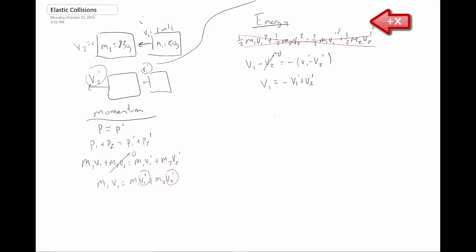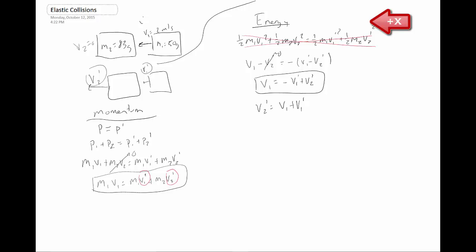Okay, so that's about as far as we can get without doing a little bit of ugly math. Let's solve for v2 prime. v2 prime is equal to v1 plus v1 prime.